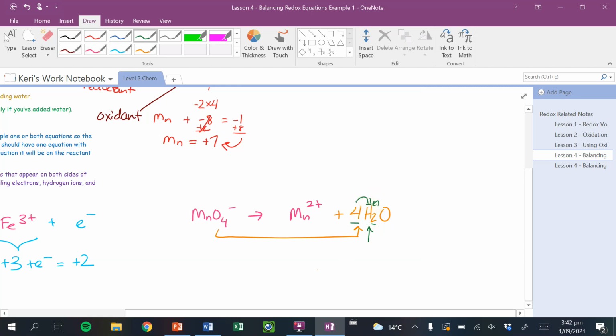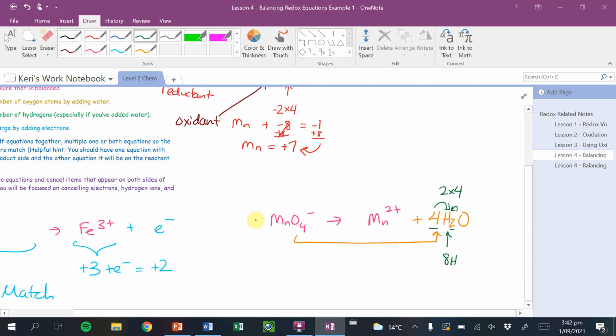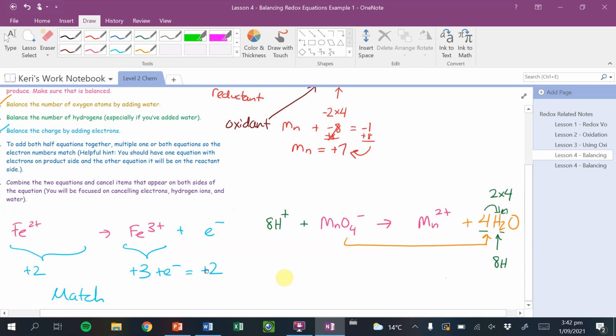So both of those are going to be applying. 2 times 4, we have a total of 8 hydrogens. When we add it to the other side, we are going to be adding them as hydrogen ions. So 8H plus ions. And that then balances for the hydrogens that will be in the water on the other side. So basically these hydrogens and those oxygens will combine together to form the water molecule.